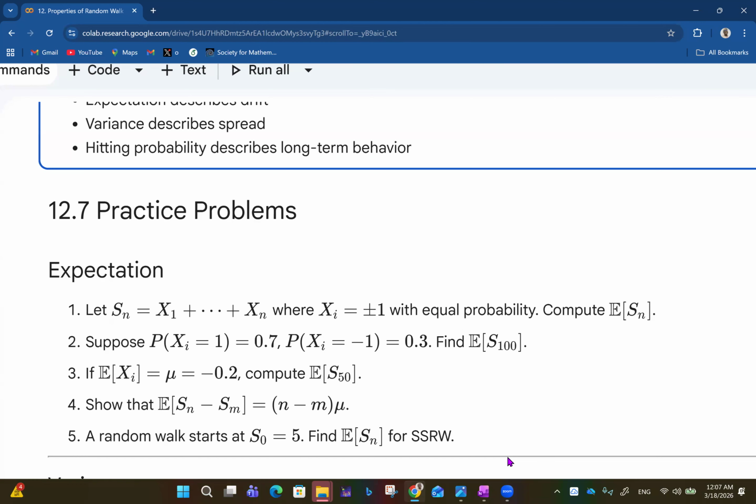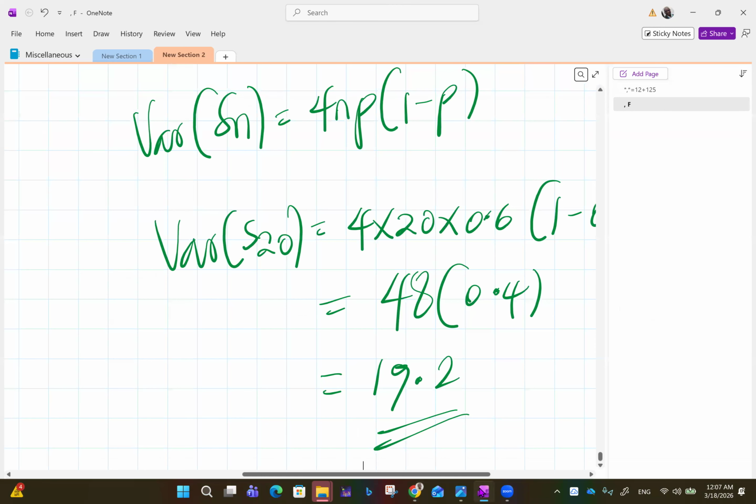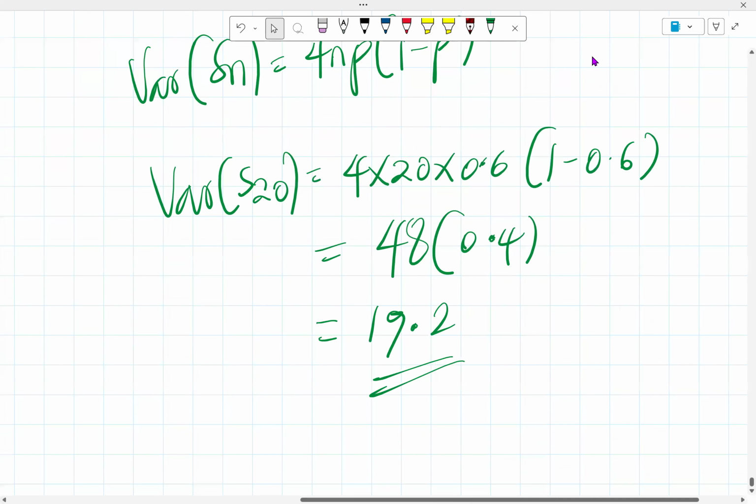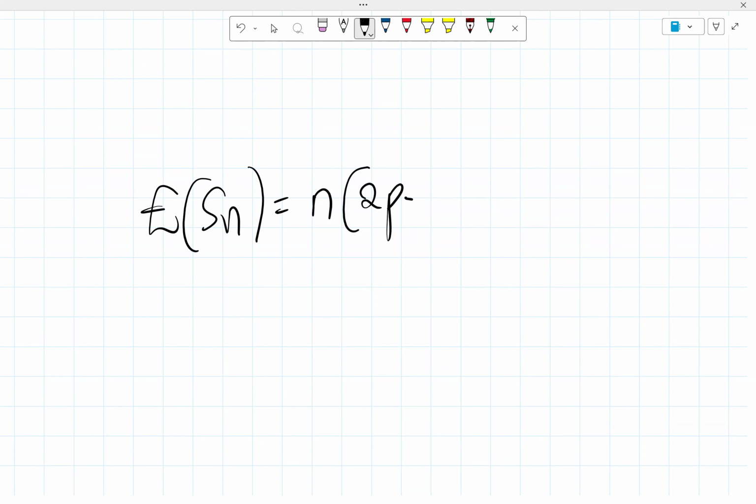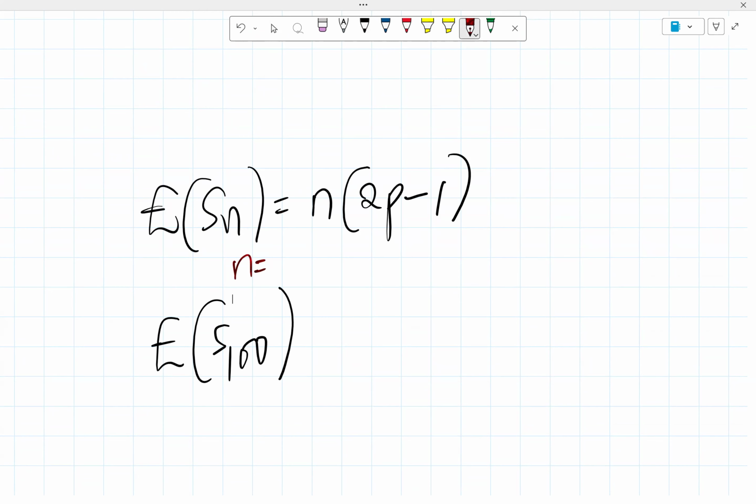I think we just have the formula for this. We know that the expectation of Sn, as usual, is n into 2p minus 1. That's the formula. So if you're looking for E of S100, where we are given n, that means n is 100, right?